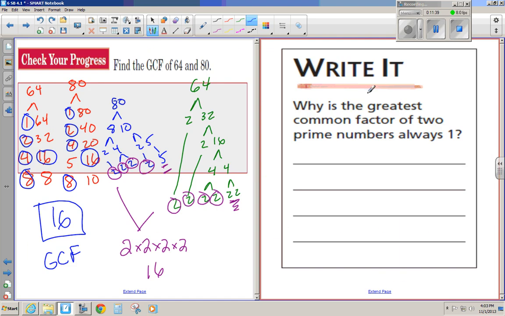Now, why is the greatest common factor of two prime numbers always 1? The reason for this is the definition of prime numbers.